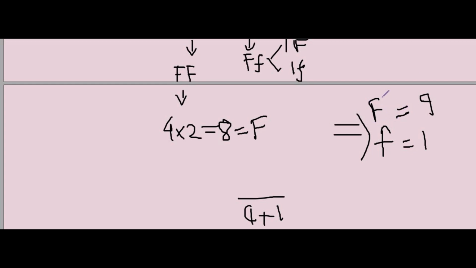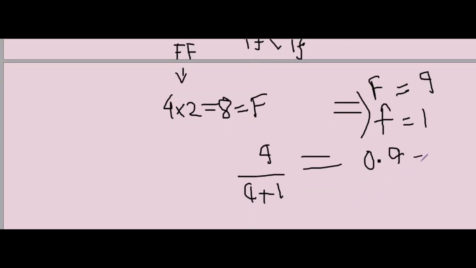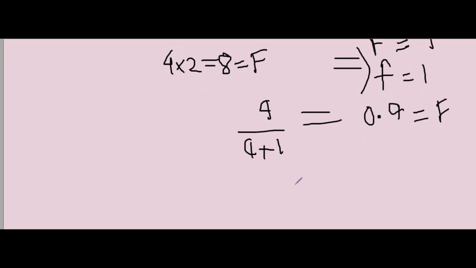So the total alleles in the population will be 9 plus 1, and the frequency for capital F will be 9 upon 9 plus 1, that is 0.9. This is the frequency of capital F, and the recessive one we can calculate with the help of this technique, or we can calculate directly with the formula. So this is 0.9, which equals the frequency of the allele capital F, which is the p value.